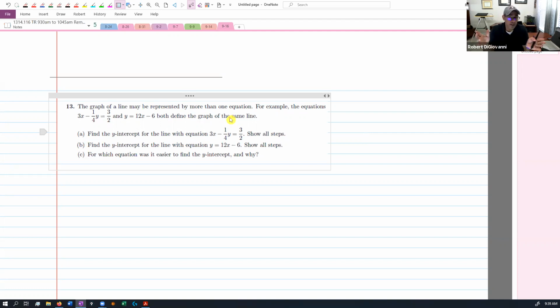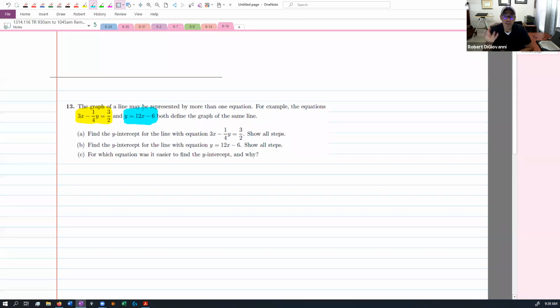We can clear fractions. We can solve for y. That's what we did last class to use the slope-intercept method for graphing. When you have an equation, you're always allowed to manipulate it. So when you're given an equation like this one here in yellow, it may look completely different than the one here in blue, but they may represent the same exact line.